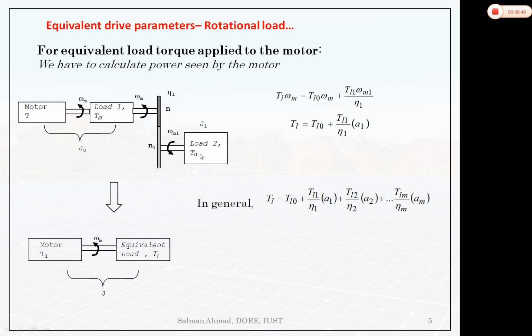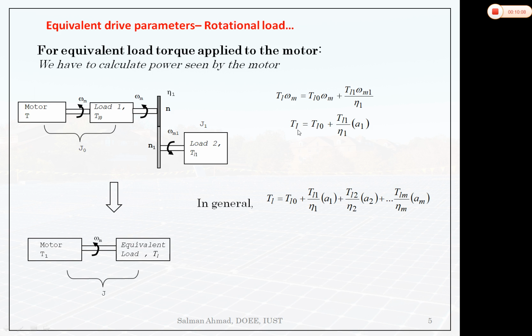It is developing load torque TL1 and running at speed omega m1. So power will be speed into torque. Then this gear ratio will have some efficiency, so the power seen by the motor will be more than the actual power developed by this load. So we have to divide by efficiency.